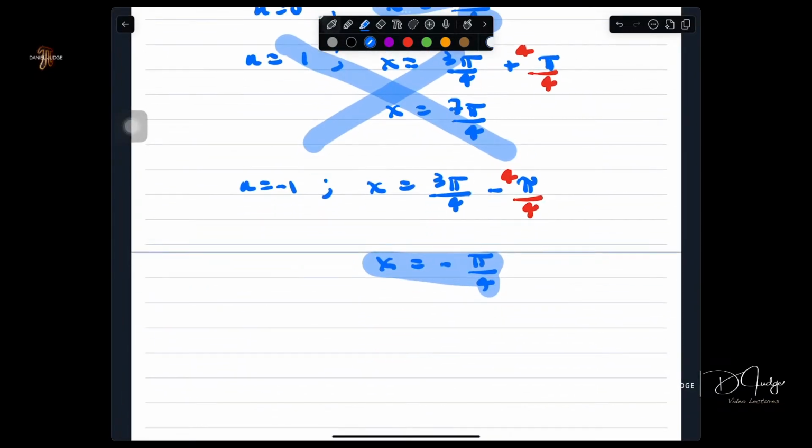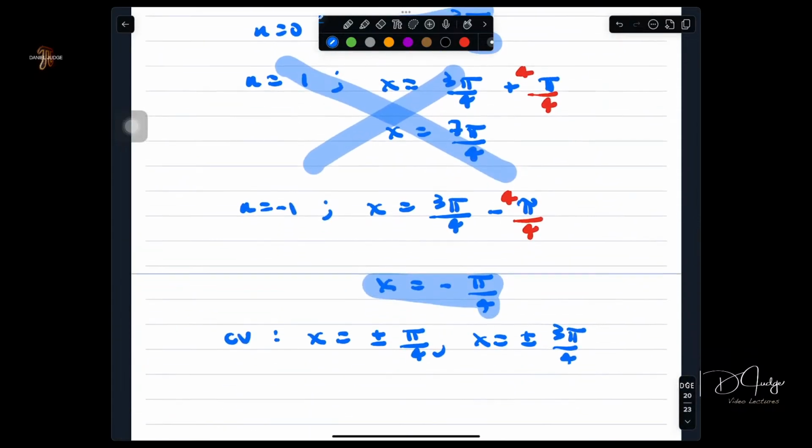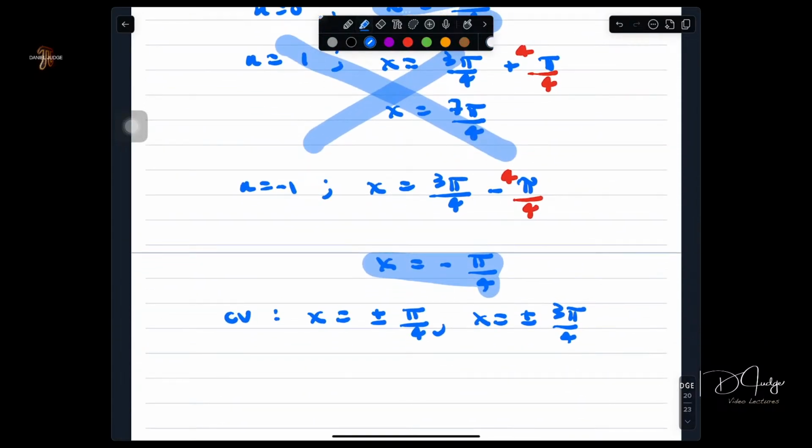So if we had to list the critical values now, x is going to really be plus or minus pi over 4 and plus or minus 3 pi over 4. These are all the critical values for this.